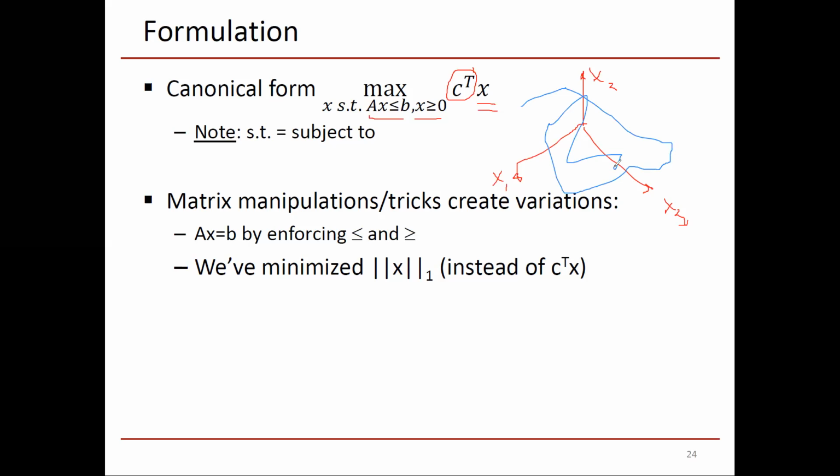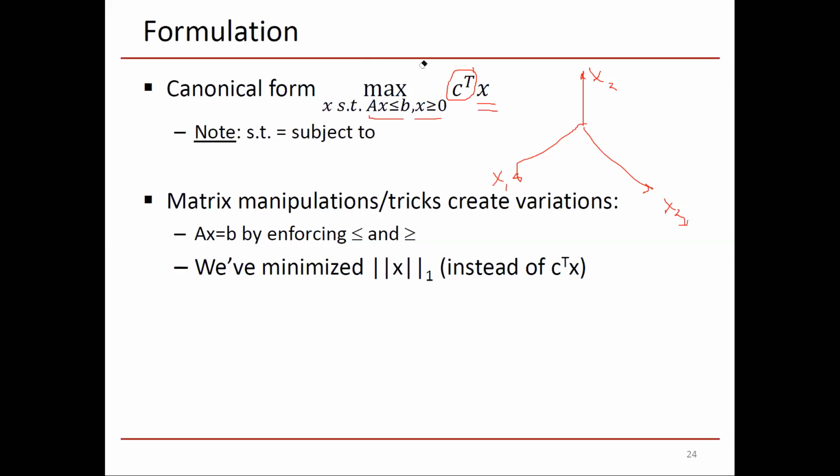And additionally, we want the matrix A times X being less than or equal to B. So let's think about that. If AX is equal to B, that would be a hyperplane.